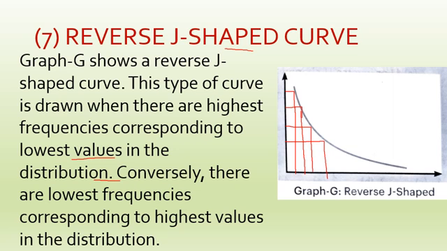Lowest values means initial classes. Conversely, there are lowest frequencies corresponding to the highest values in the distribution. Highest values means later class intervals. So this is in the shape of reverse J.